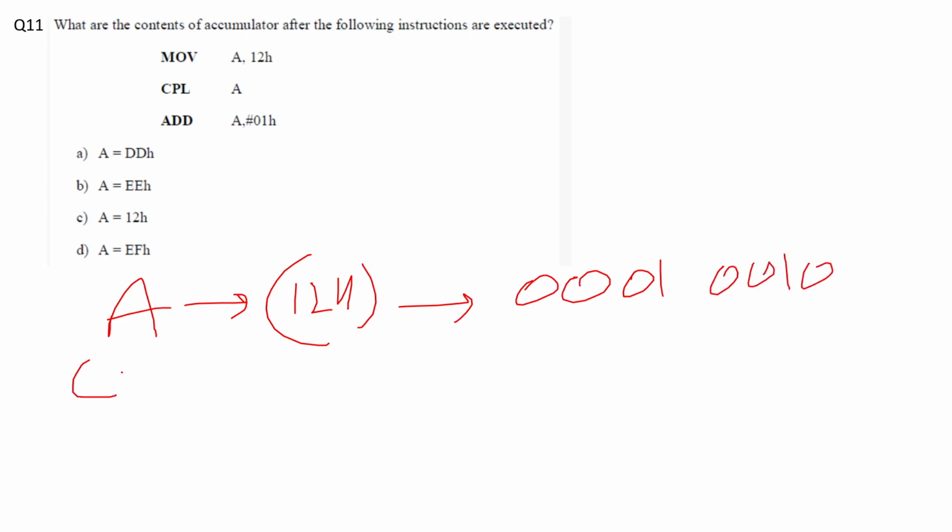Then I have CPL A, which is the complement of A. All zeros become 1 and all ones become 0.